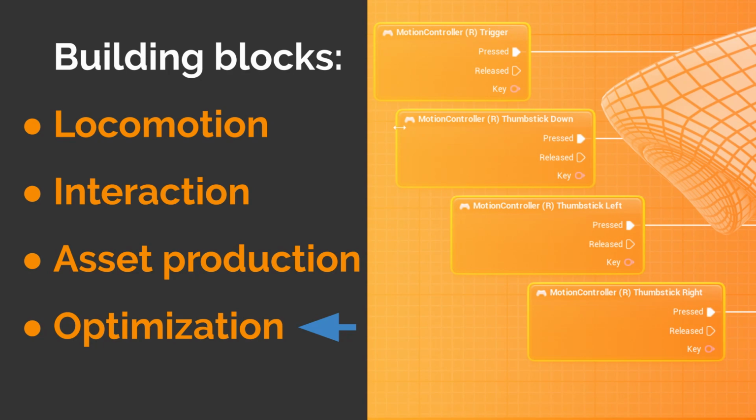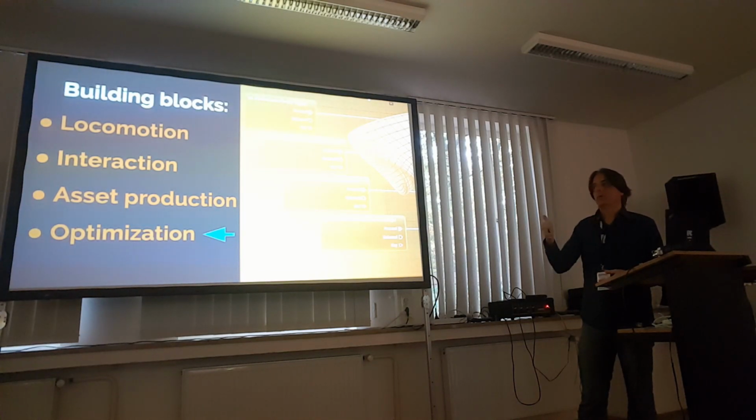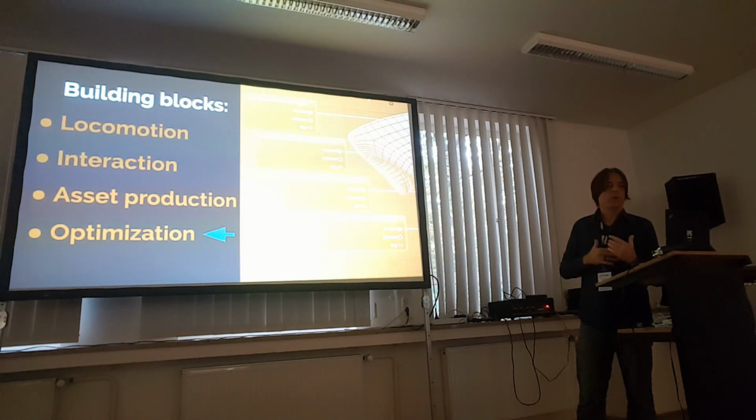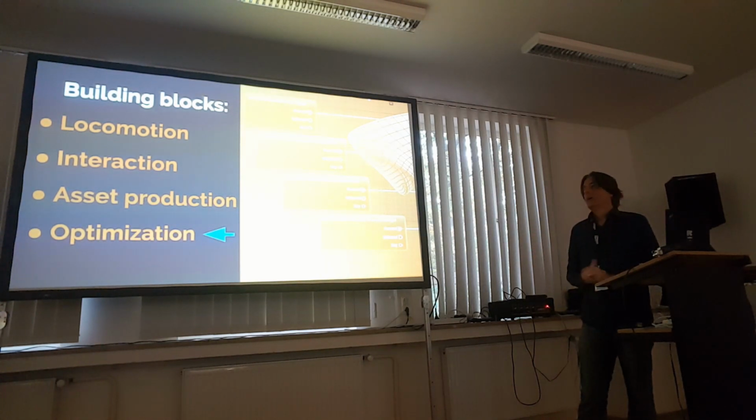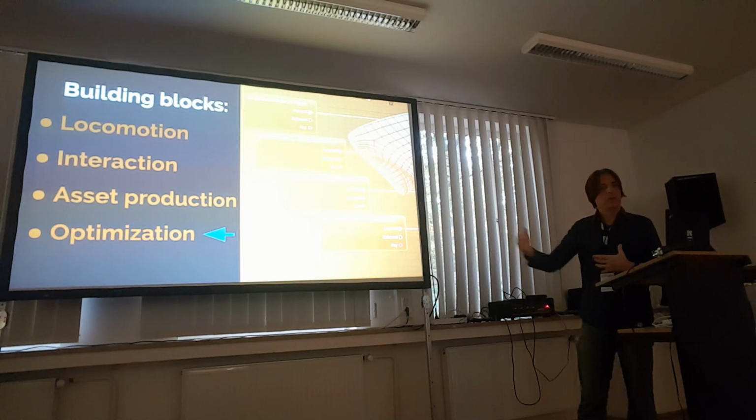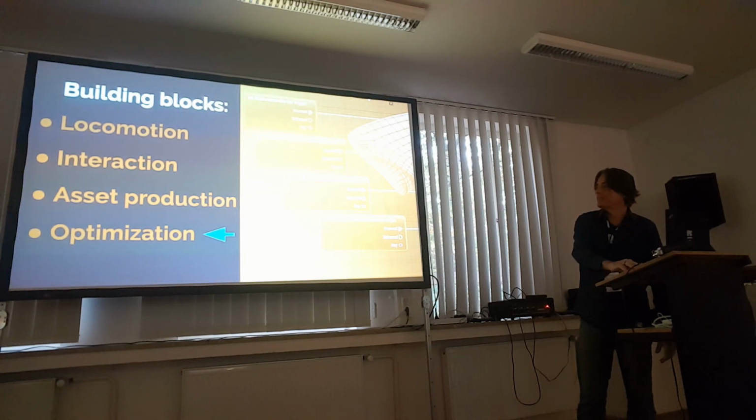In my book, I talk about the building blocks, and I separate them into locomotion, how you move from one place to the other, whether it is smooth locomotion or teleportation, and what style of teleportation; interaction, how you interact with objects; asset production, what your asset pipeline is and how you bring your assets into the game; and then the most important thing, optimization, how you optimize your content so it runs best for an Android environment.